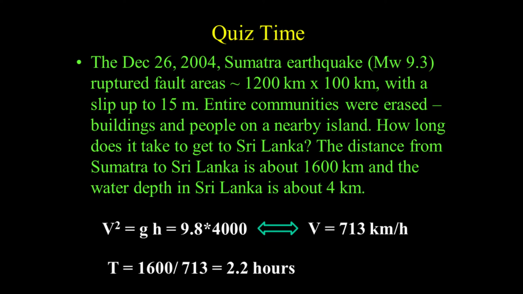Buildings and people on a nearby island also. How long does it take to get to Sri Lanka? The distance from Sumatra to Sri Lanka is about 1,600 kilometers, and the water depth in Sri Lanka is about 4 kilometers. The answer is as follows.